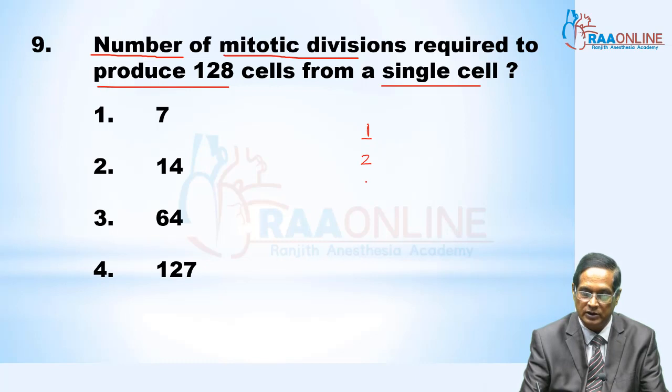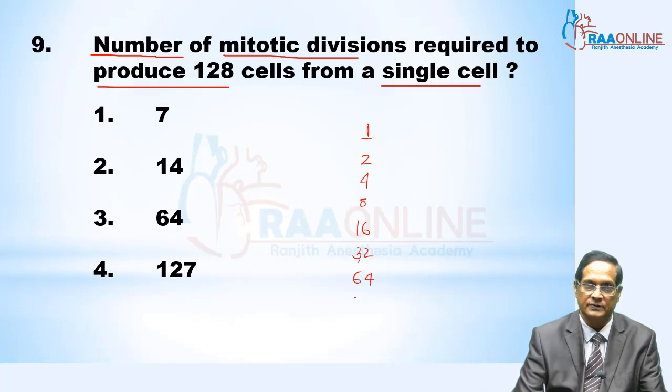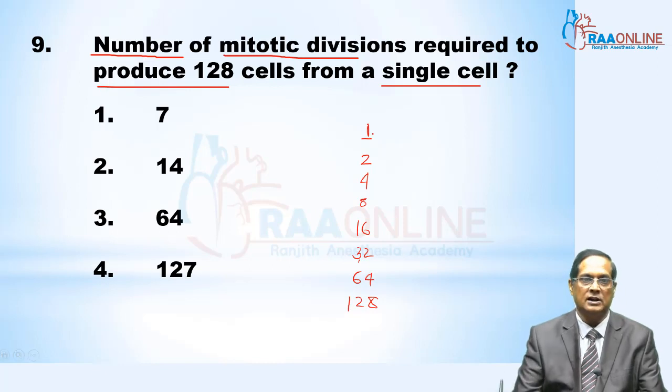Division 1 gives 2, then 4, 8, 16, 32, 64, 128. Every time a cell forms 2 cells. Each cell forms 2 cells after mitosis.